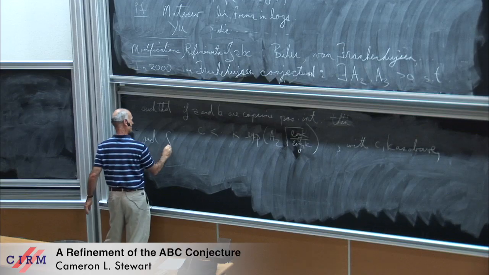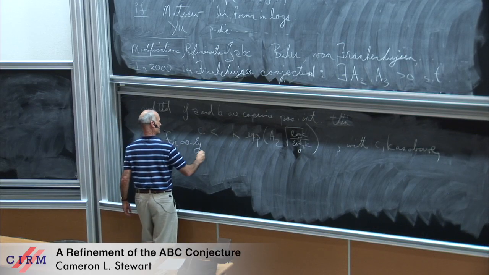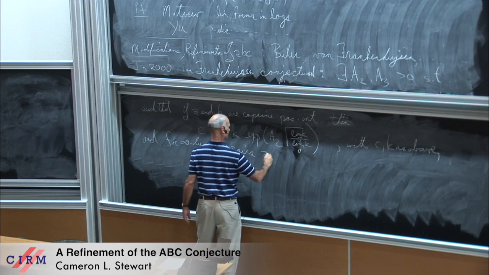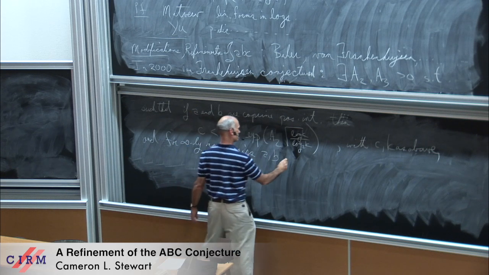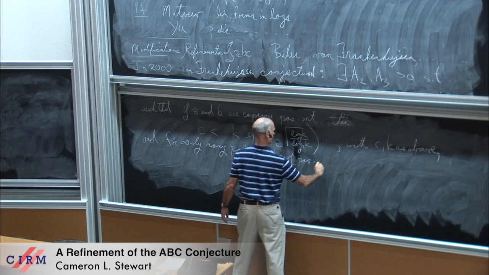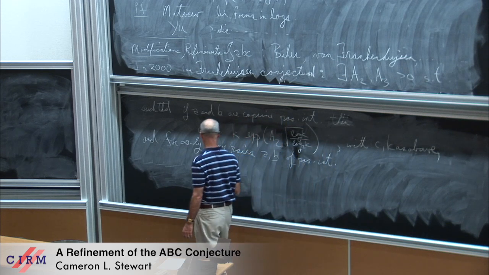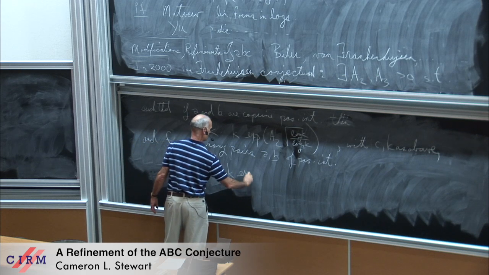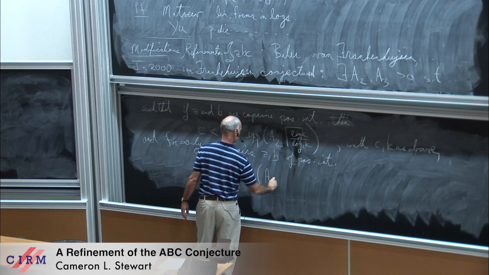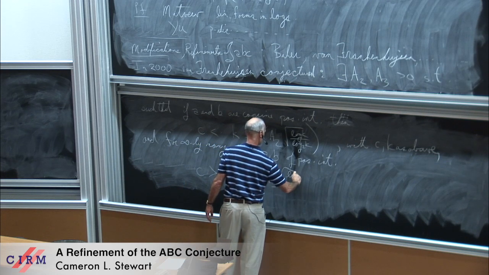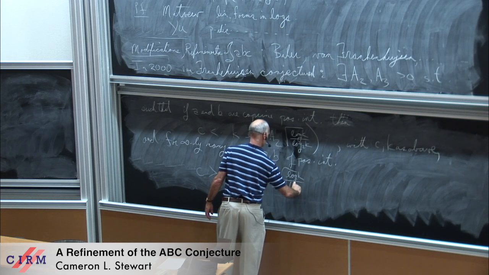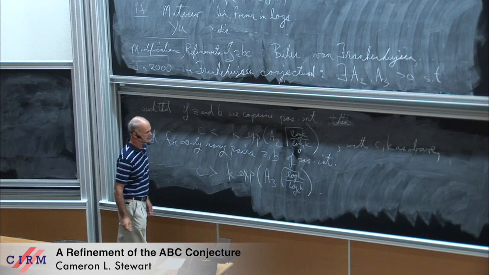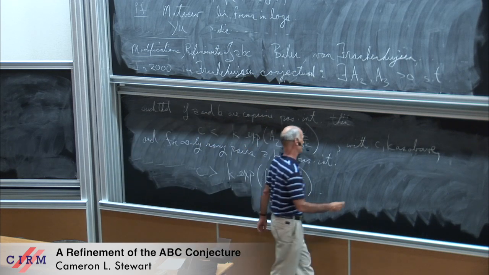And for infinitely many pairs A, B of positive integers, C is bigger than k exponential of a 3 root log k over log 2k. So in other words, this is at least giving us the right order of magnitude.